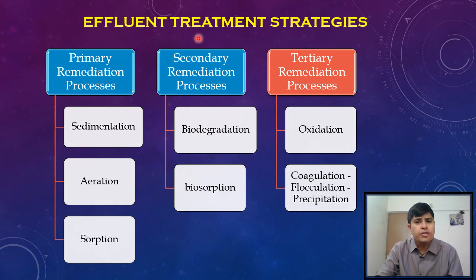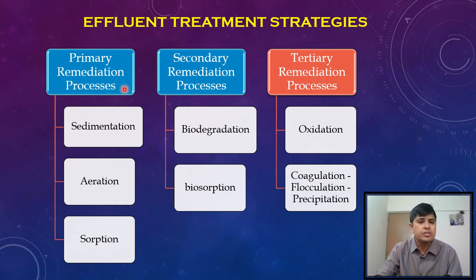In the effluent treatment strategy, three main operations are involved. One is the primary remediation process, second is the secondary remediation process, and third is the tertiary remediation process. The primary remediation process is also called the physical process. The secondary remediation process is also called the biological process, and the tertiary remediation process is also called the chemical process.